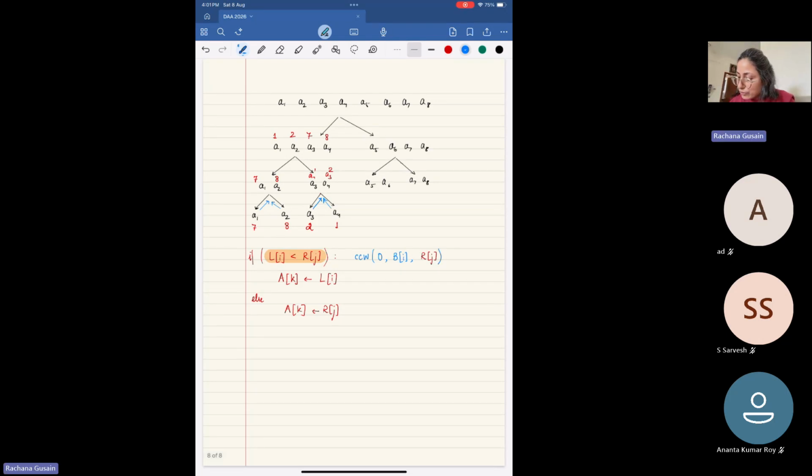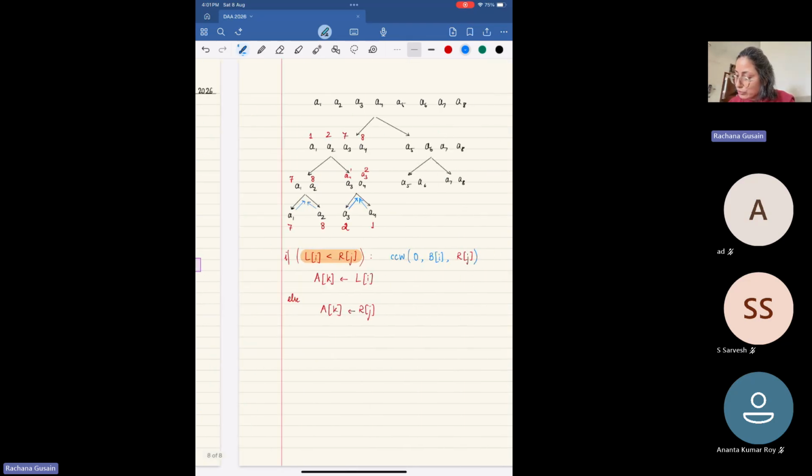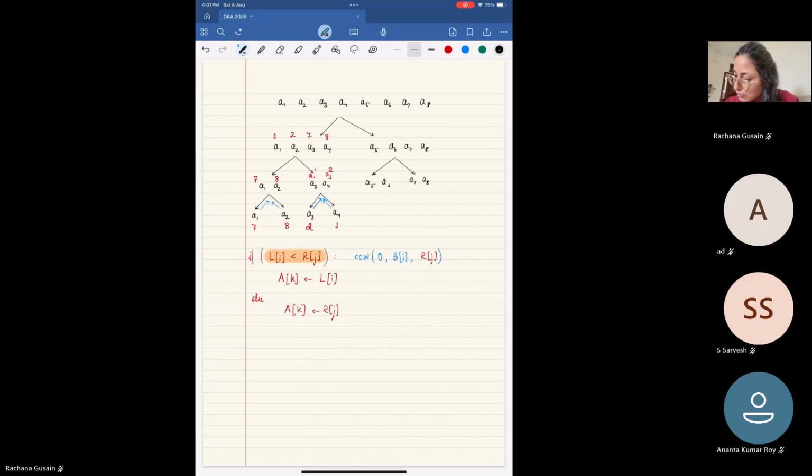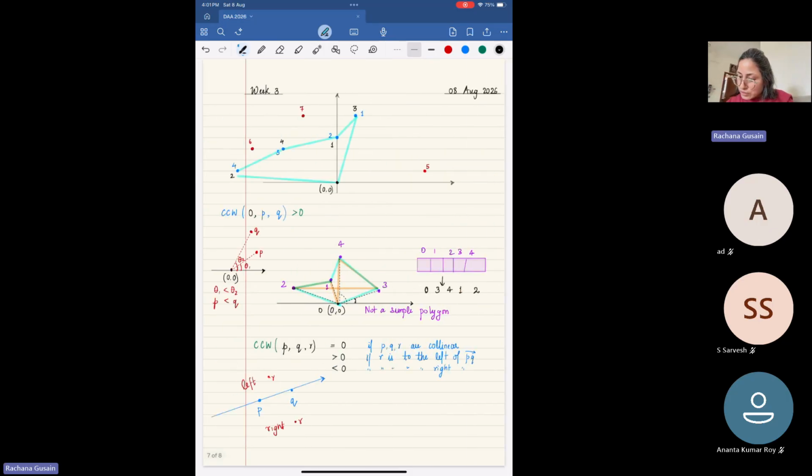And if CCW returns me a value that is greater than 0, then in the original array A, I'm going to take the point. Which point will we take? If it is greater than 0, this is equivalent to saying that theta 1 is less than theta 2, which is equivalent to saying that P is less than Q, right?